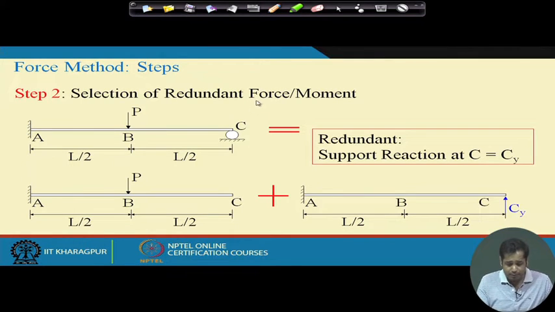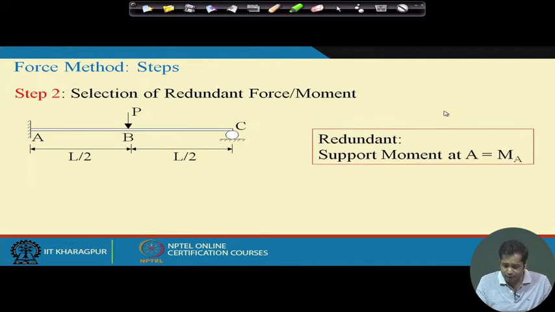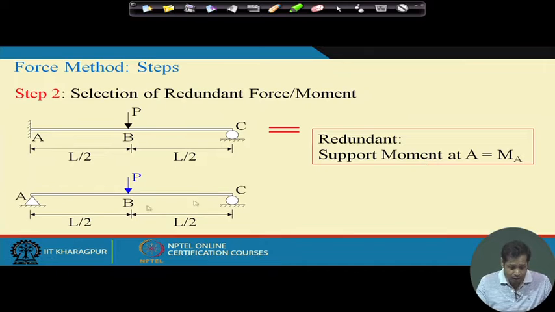Now, in the same problem, instead of taking the support reaction at C as redundant, we could take the moment at A as redundant. If we take the moment at A as redundant, then the first structure is where we release the displacement associated with the redundant.